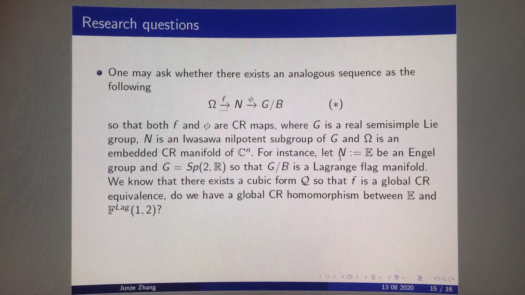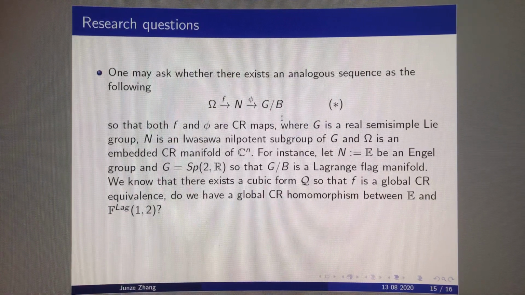We also know that the Engel group is a maximal nilpotent subgroup of the real symplectic group Sp(2,R), and Sp(2,R) quotient by its Borel subgroup can be identified with a Lagrangian flag manifold. So we want to find a global CR homomorphism from the Engel group to the Lagrangian flag manifold.